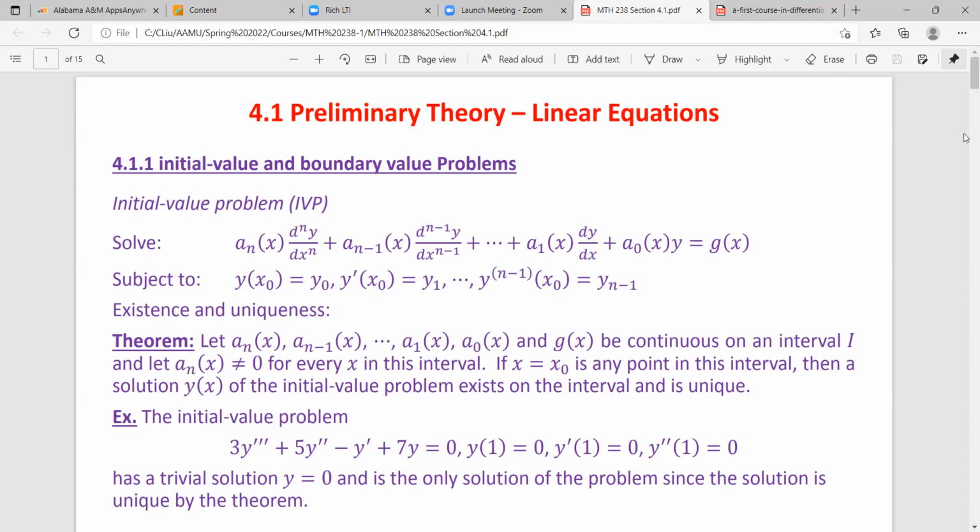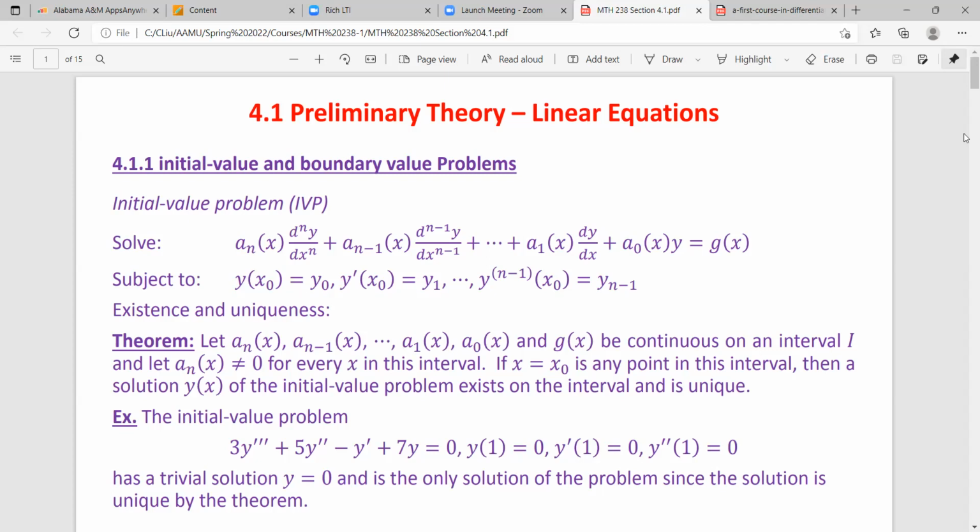So we can easily identify this interval I in this problem is just the whole real line. So you can pick any point for x, and give any initial conditions for this problem, and the problem will always have a unique solution. So that's a strong statement.